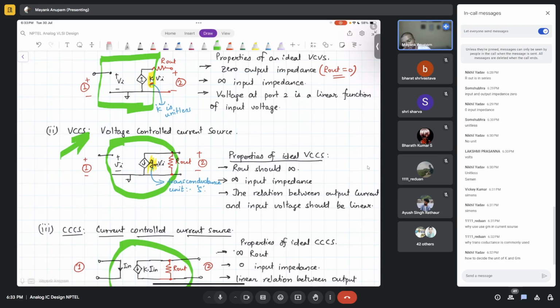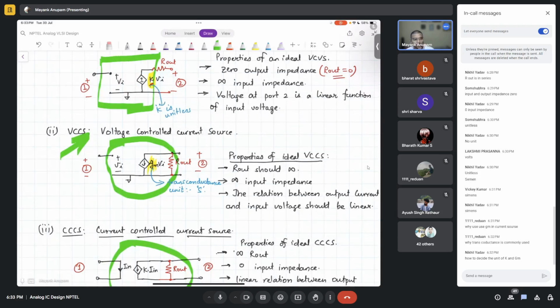It's a proportionality with a certain unit also, isn't it? Transconductance means conductance. What is the difference between resistance and conductance? To the person who asked why transconductance is commonly used: what is the difference between resistance and conductance?